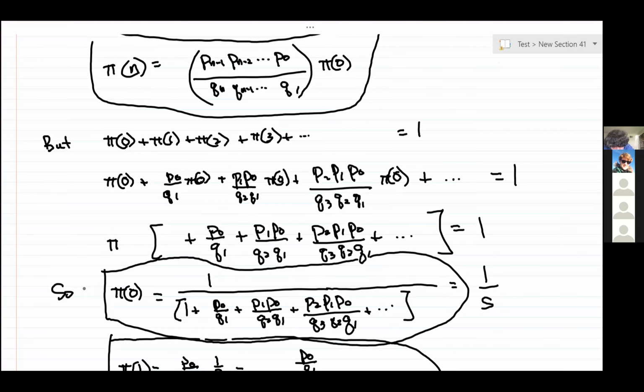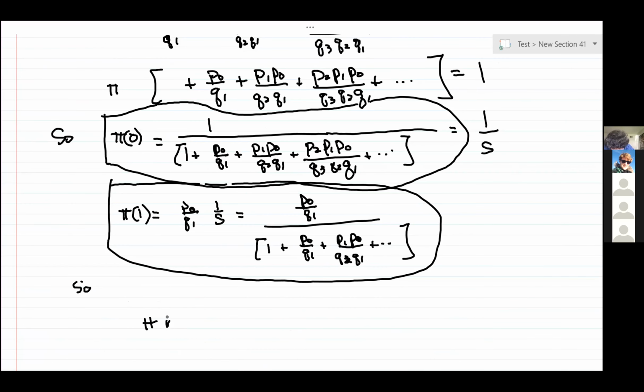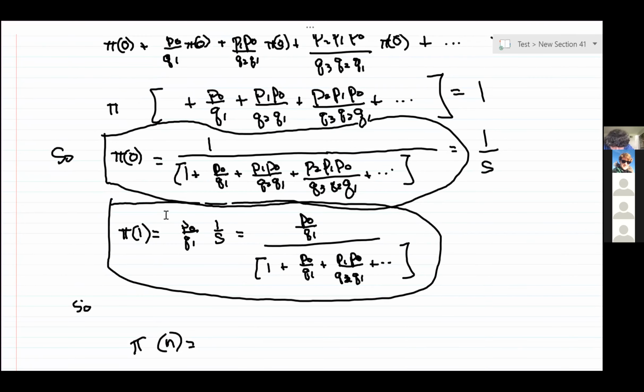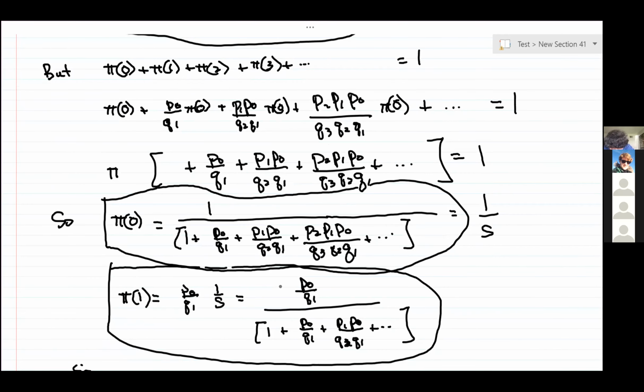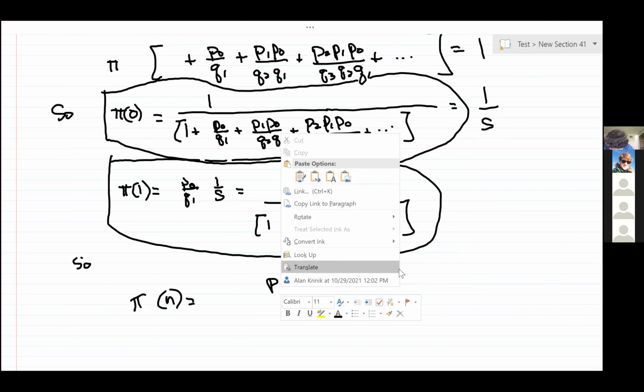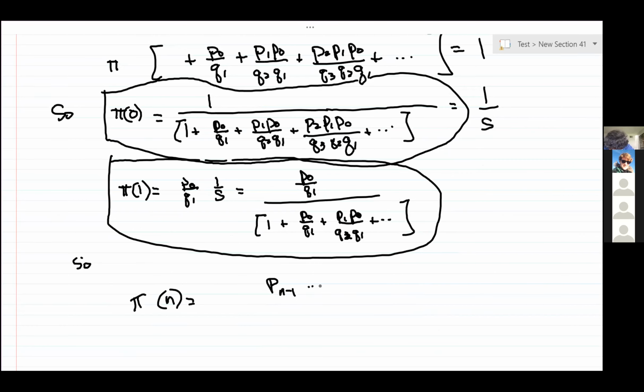In general, a little sloppy here, pi n is going to look like this factor, n minus 1 to 0 on top with the p's, all over the q's, which go down to q1.